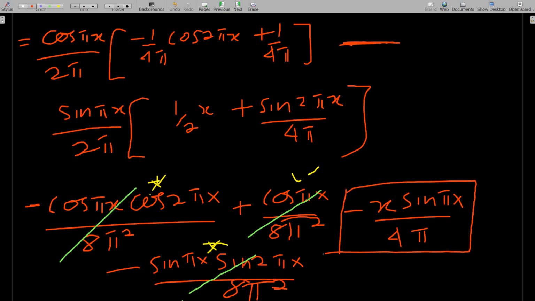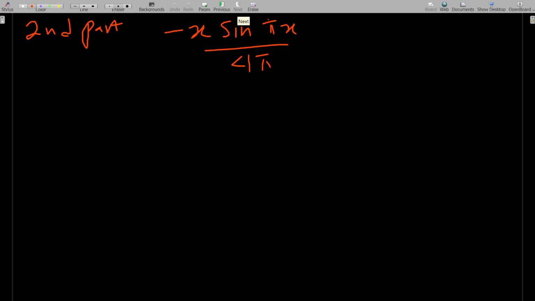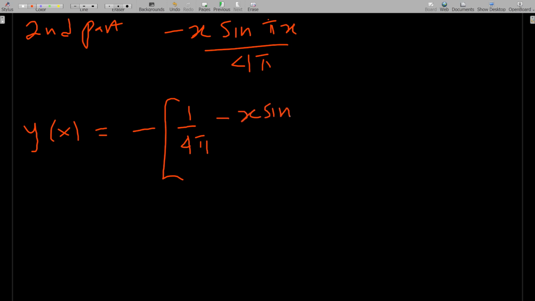Okay, so it means that my solution y of x is equal to negative of everything that we were doing. So the negative of the first part was what? The first part was 1 over 4 pi minus x sine pi x over 4 pi. Then minus, because the second part is also this. So we are just adding them. Minus x sine pi x over 4 pi.